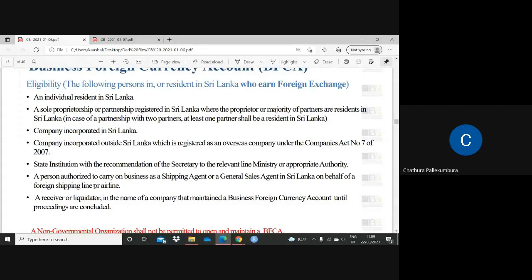Yes, he can, but he has to prove that he's getting continuous foreign currency earnings. Yes, answer is yes. He can. Because what is the criteria? Anybody supplying goods or services to a foreigner earns foreign exchange.